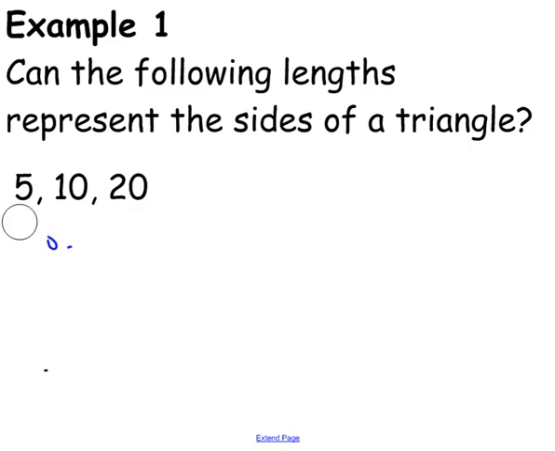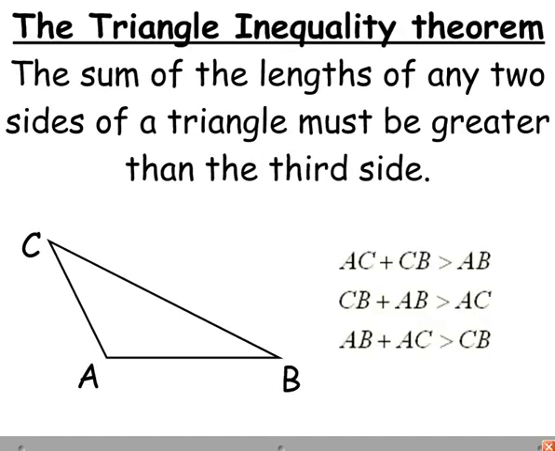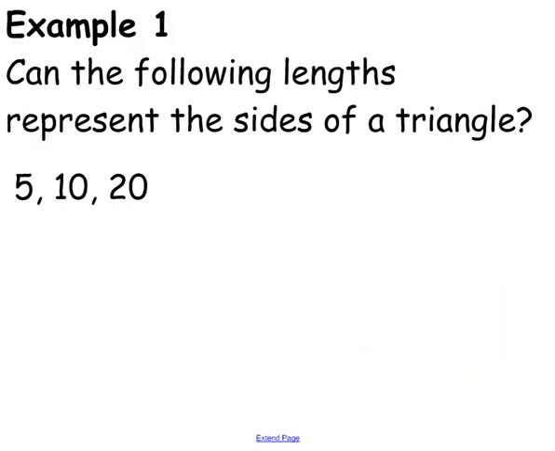Let me just go ahead and erase this. So the triangle inequality theorem says the sum of the lengths of any 2 sides of a triangle must be greater than the 3rd side. So 5 plus 10 must be greater than 20.